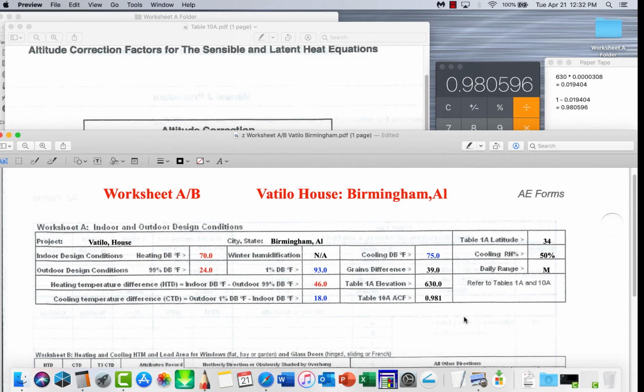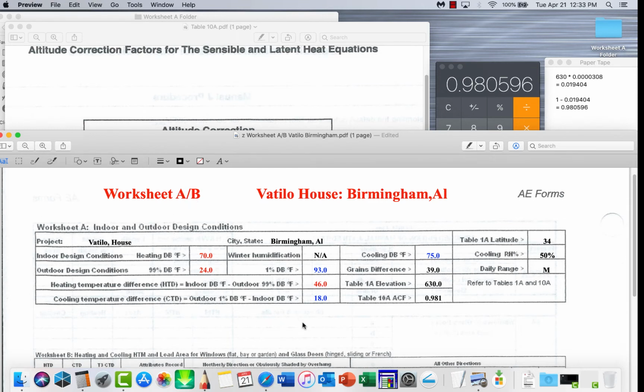And there you go. That is all of the Vatilo House for Birmingham, Alabama altitude correction. Of course, you can use this same house and locate it in a different location, but if you use these exact same steps, you should be able to complete Worksheet A, which this is it right here.